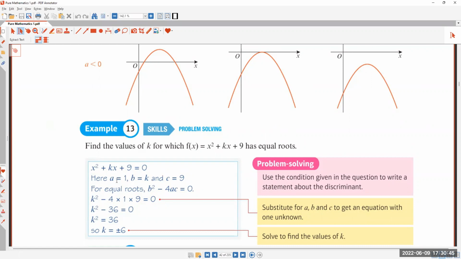Do you realize a is 1 and c is 9? Do you know this? Shadev? Yes bro. Okay. And after that, I found the k value because they are looking for the k value. Did you understand example 13? If you did, then I can go to example 14.